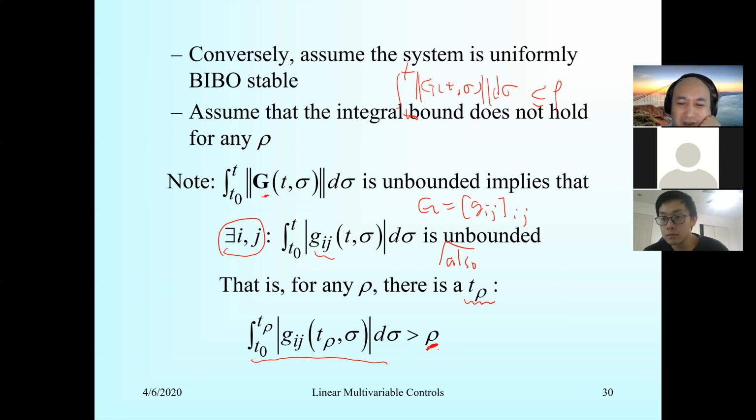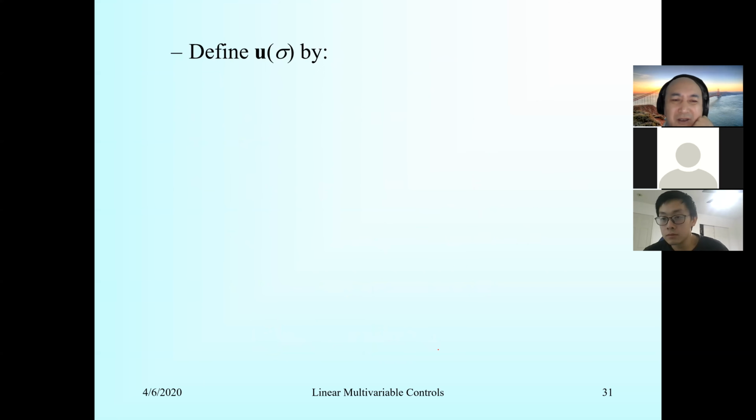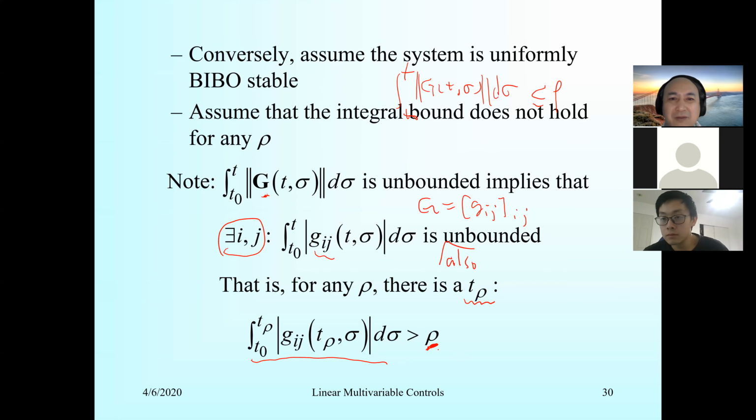It's always greater than this rho, to violate that, okay? So that's based on the assumption that this is not bounded. It's not true. Then I know this should be true.